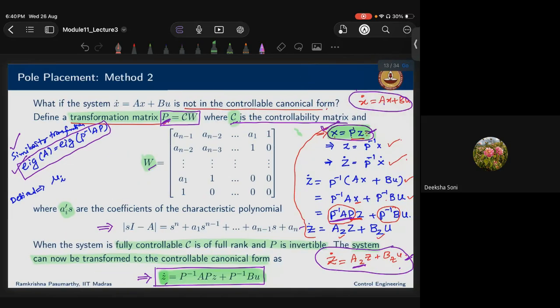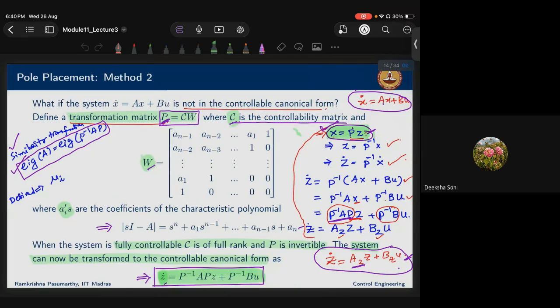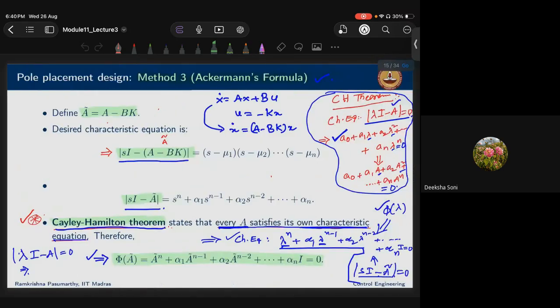Then you have method 3, which is also called the Ackermann formula. Basically this is based on the Cayley-Hamilton theorem.